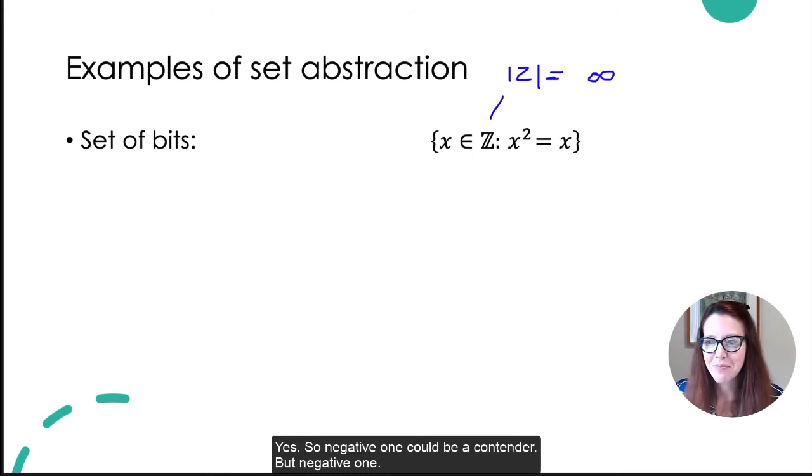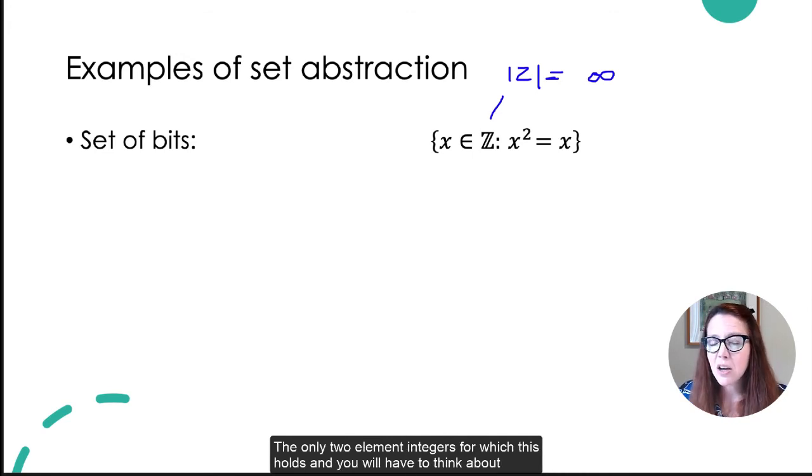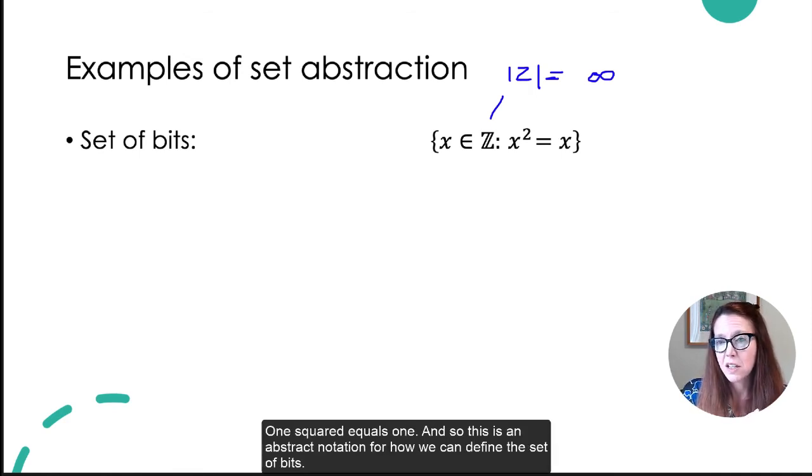Think it through. So -1 could be a contender, but -1 times -1 is +1, which is not equal to -1. The only two integers for which this holds, and you'll have to think about it and prove that to yourself, are 0, since 0 squared equals 0, and 1, since 1 squared equals 1.